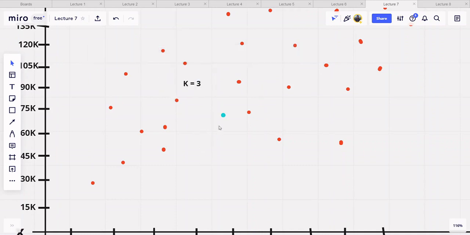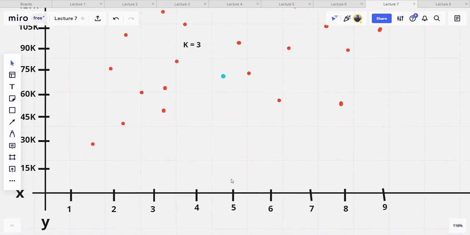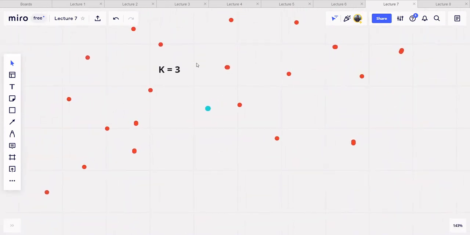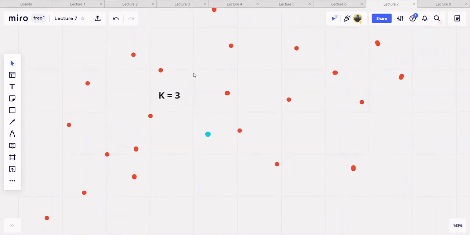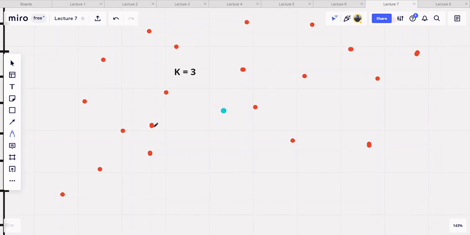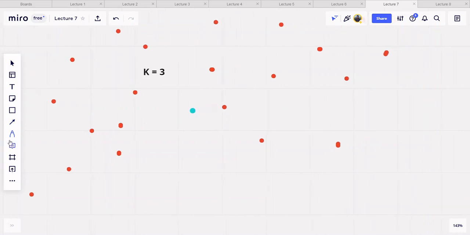Since k is equal to 3, we have to find the three closest neighbors to this particular data point, and using those three closest data points we'll try to estimate the value. So let's look for the three closest data points.